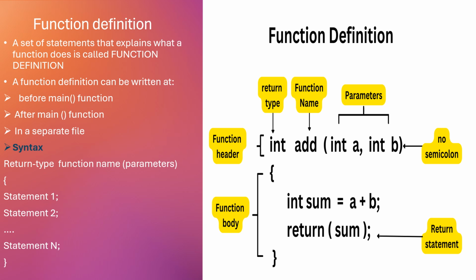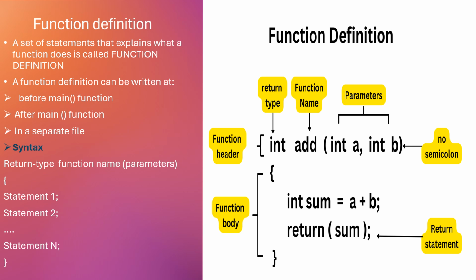A simple example of a function definition: int add(int a, int b), and the block of statements: int sum = a + b, and the return statement. Integer is the return type, which can be any return type, and the function name is add, our wish.